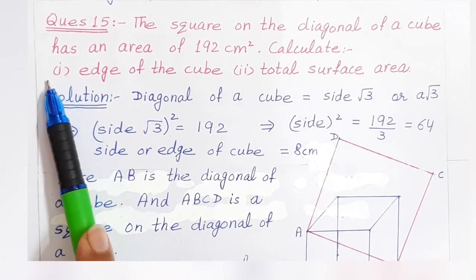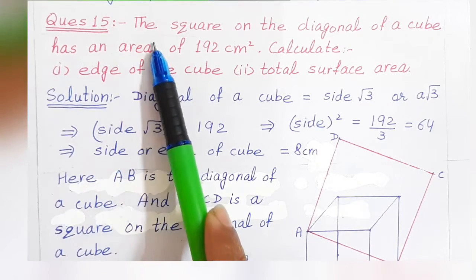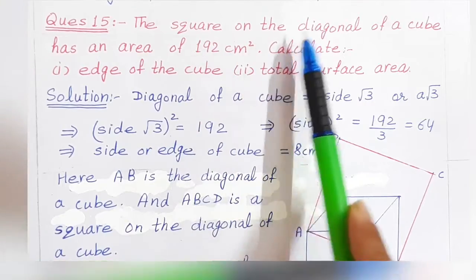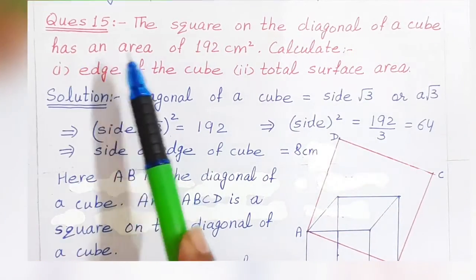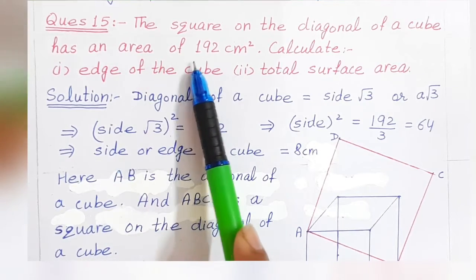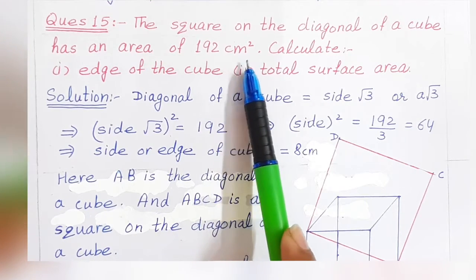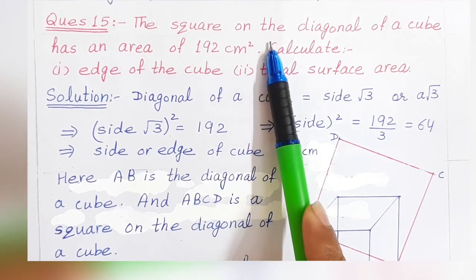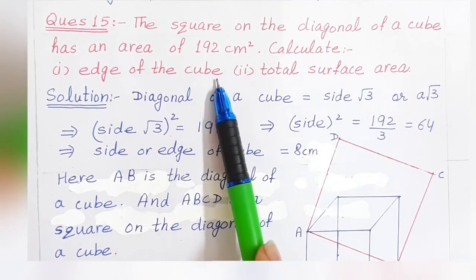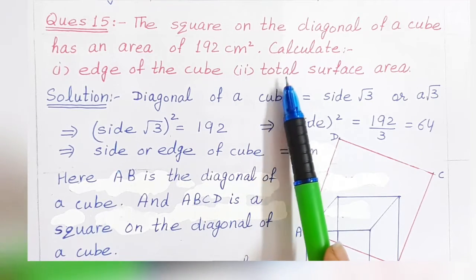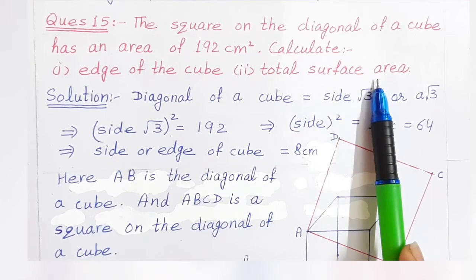Now question number 15: the square on the diagonal of a cube has an area of 192 centimeter square. Calculate edge of the cube and total surface area.